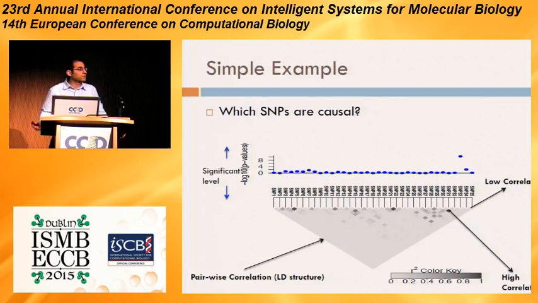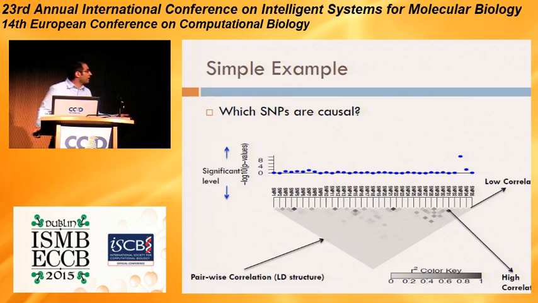So here I'm showing you a very simple example of a locus which has 35 SNPs, and the y-axis is the significance level. Now, if I give you this region and tell you this is the LD pattern, this gray triangle, where each diamond in this triangle represents the pairwise correlation between two SNPs, and the darker the diamond, the higher the correlation.